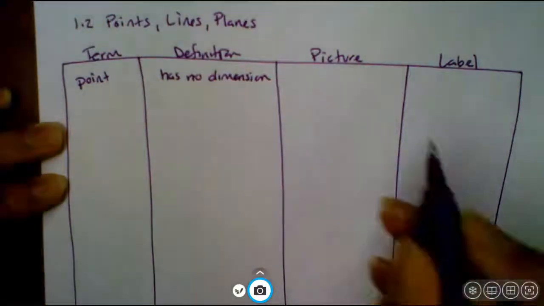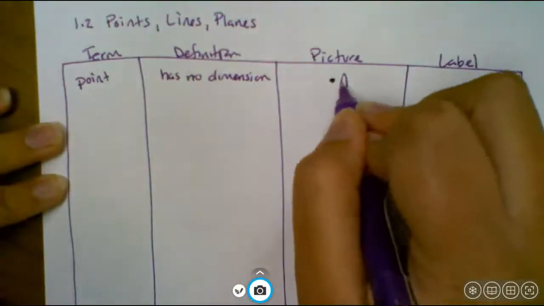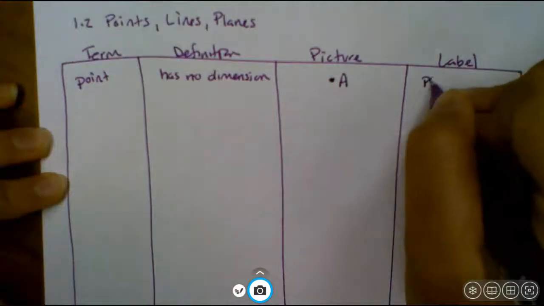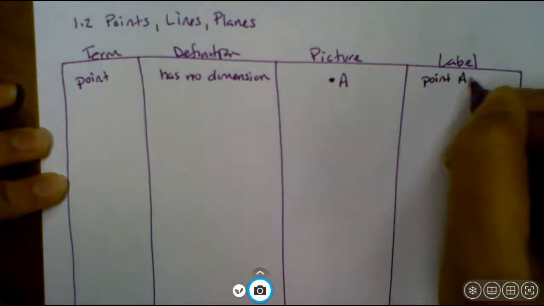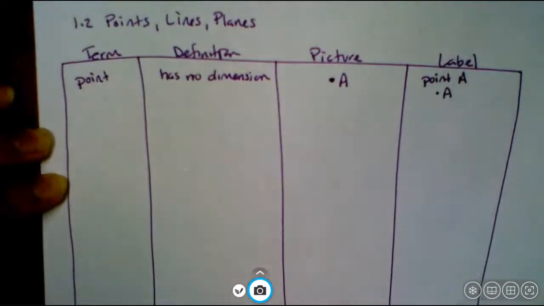It's represented by a small dot. And there's normally a capital letter next to it. It can be any capital letter. So to label it, you can either write out the word point and then put the letter, or you can just put a little dot and the letter that's next to it.